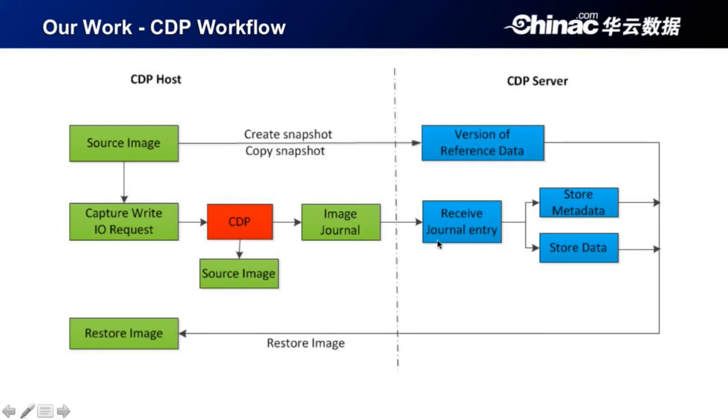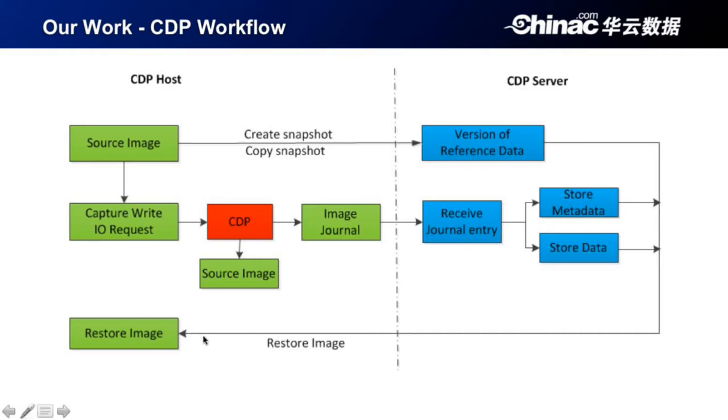Next, let's talk about the job of the CDP server during the backup. It will receive every journal entry from the image journal and then store the data in a CDP data object. And each data has metadata also stored on the CDP server, which includes the time when it happened, the location in the source image, and so on.